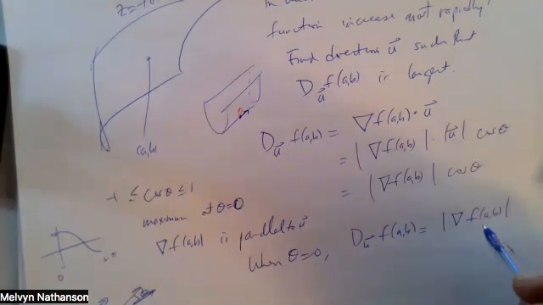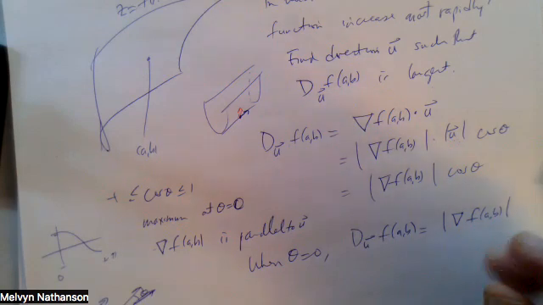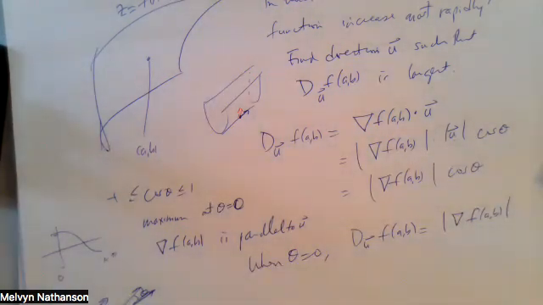So the gradient tells you in what direction a function of two variables or three variables is increasing most rapidly, and what that maximum rate of growth is.